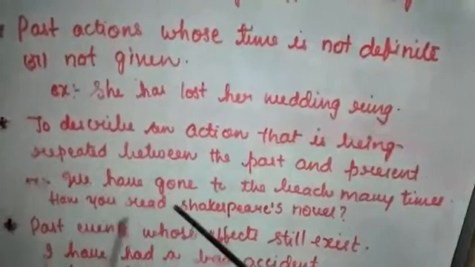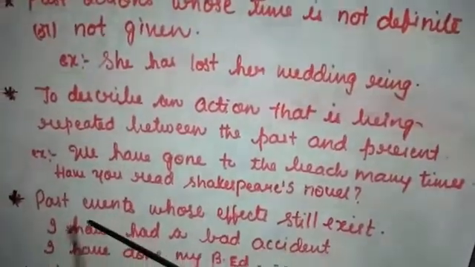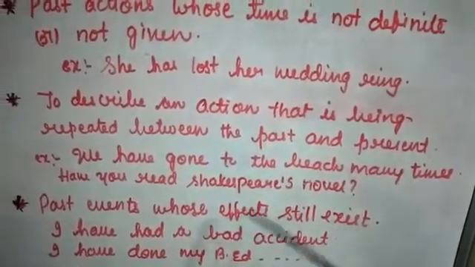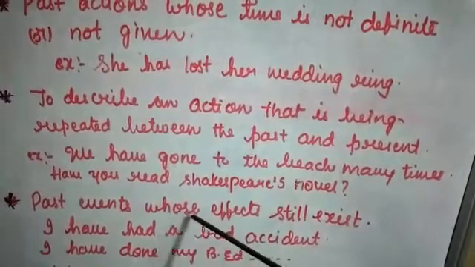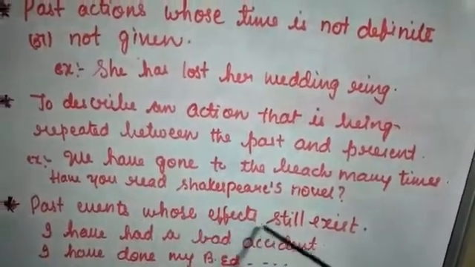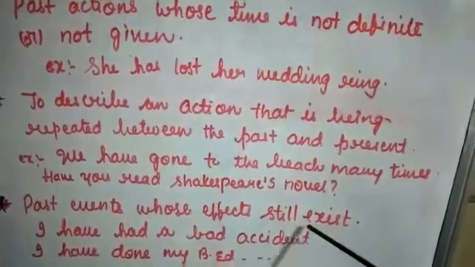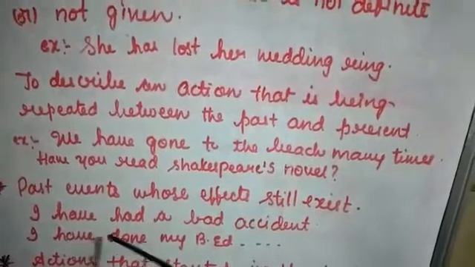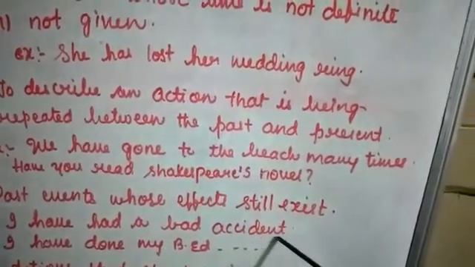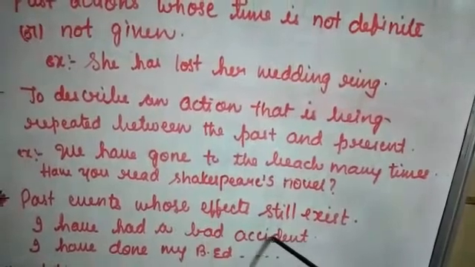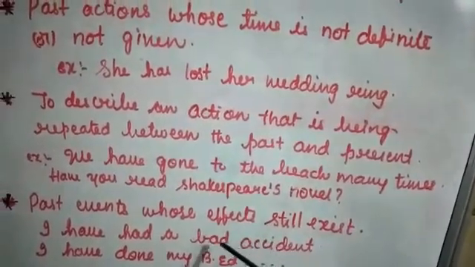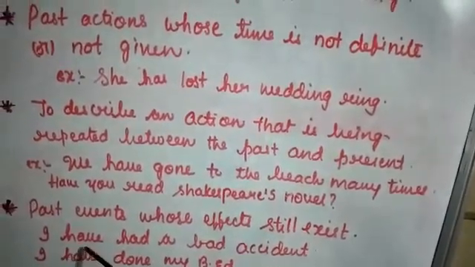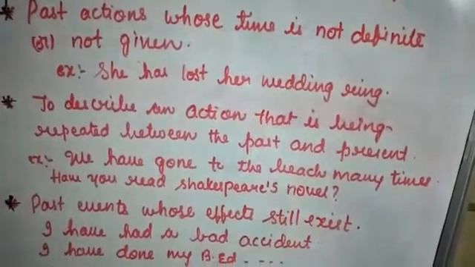Now we will see another use of present perfect tense: past events whose effect still exists. These are past actions, but the effect of the past actions still exists. These come under present perfect tense. For example, I have had a bad accident. It is a past event, a past action, but still the effect exists now, so it should be written in present perfect tense.